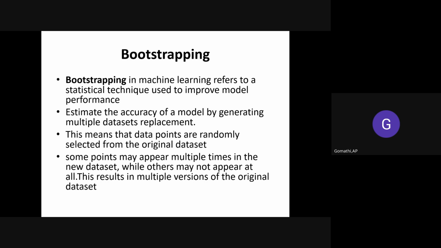This means the data points are randomly selected from the original dataset. So we can have multiple datasets, and from that we can select data points in a random manner. Some points may appear multiple times in the original data set.